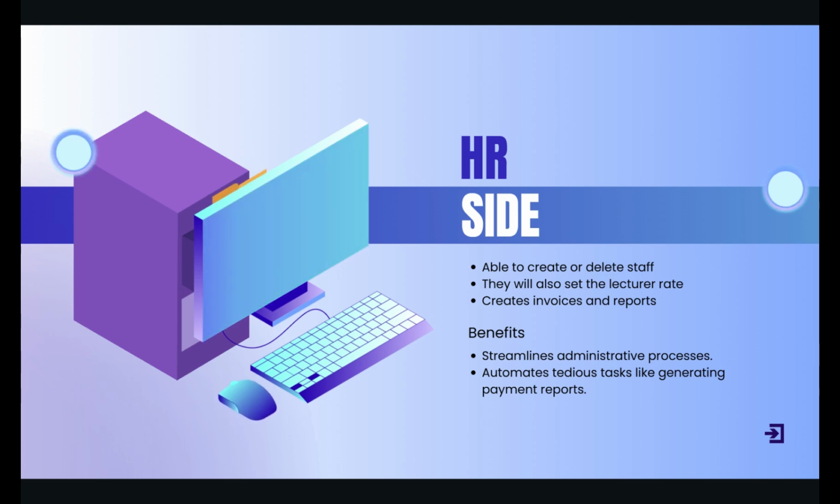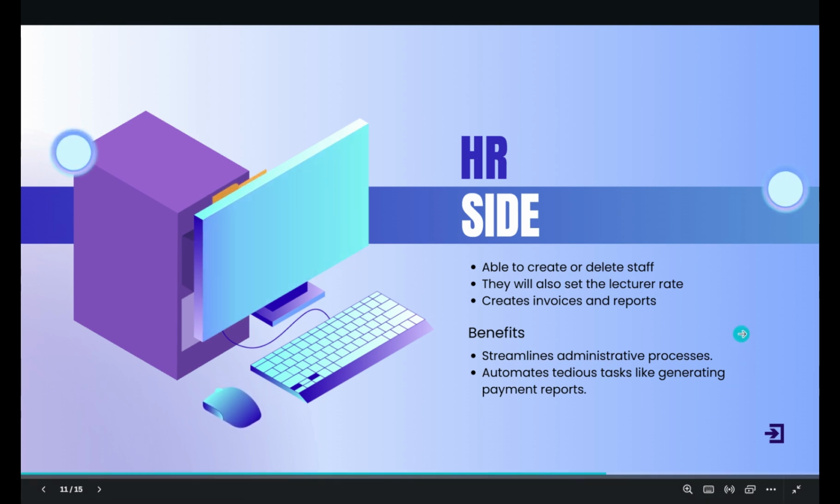Like all claims that have been approved will be listed, and all the ones that have been rejected will also be listed. But basically, this side is a higher admin type of thing that makes things a lot easier for the users using the system, right? But yeah.